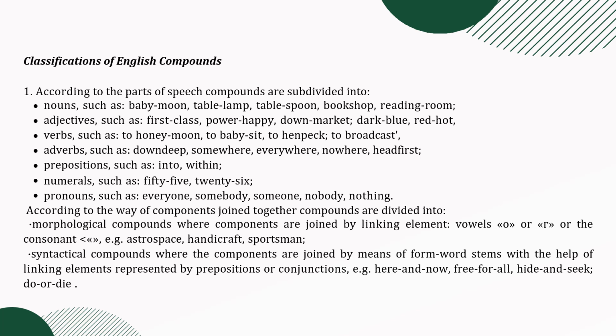According to the way components are joined together, compounds are divided into morphological compounds, where components are joined by a linking element, for example, vowel O, and syntactical compounds, where the components are joined by means of form word stems with the help of linking elements represented by prepositions or conjunctions, for example, here and now, free for all, hide and seek, and so on.